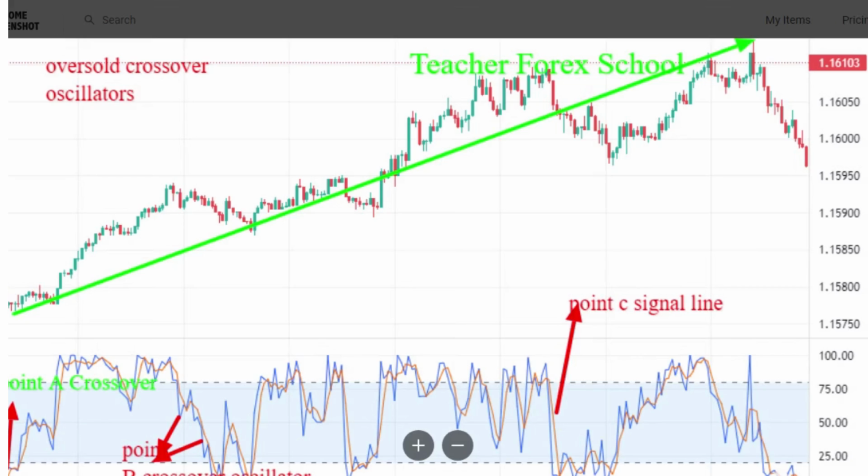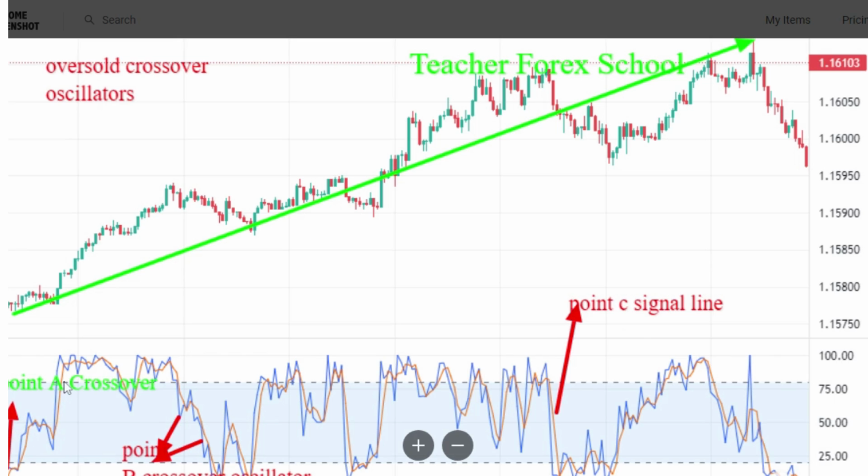From our crossover stochastic oscillator, there are 3 points being indicated. There is point A, there is point B, there is point C. Point B is the stochastic oscillator indicator, while point C is the signal line.